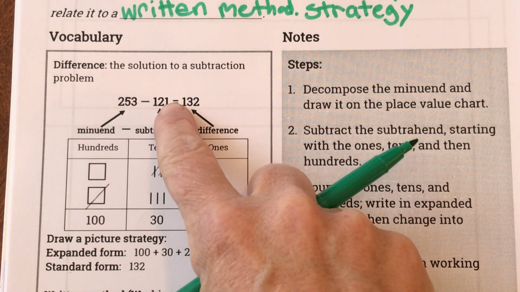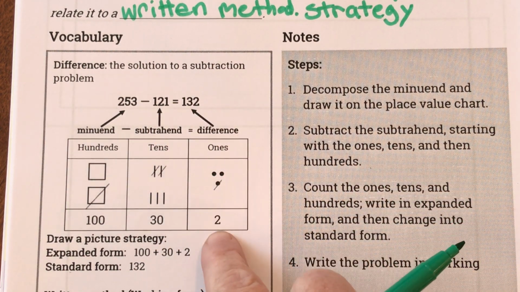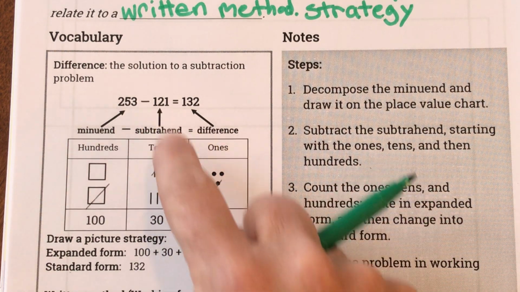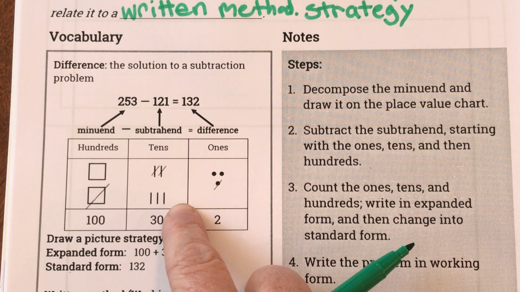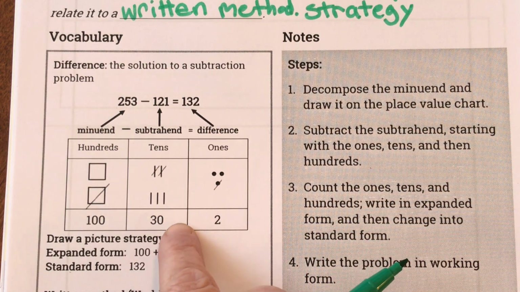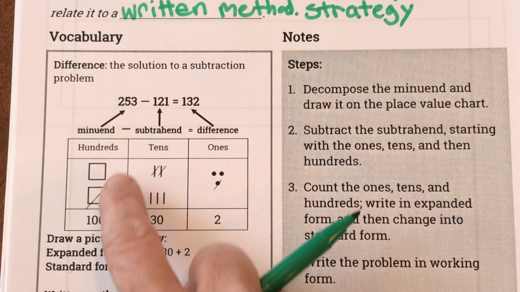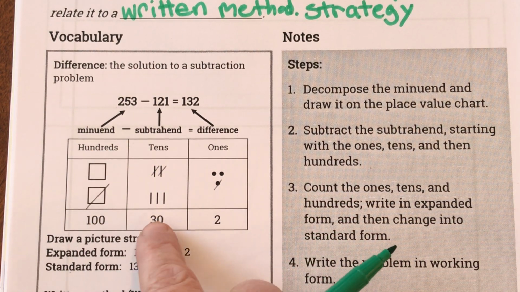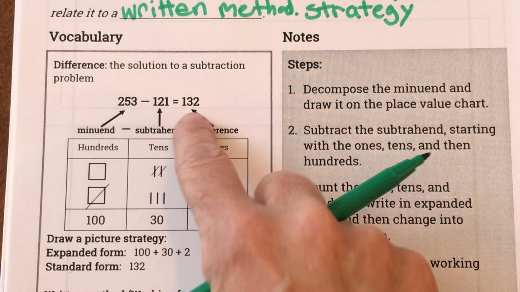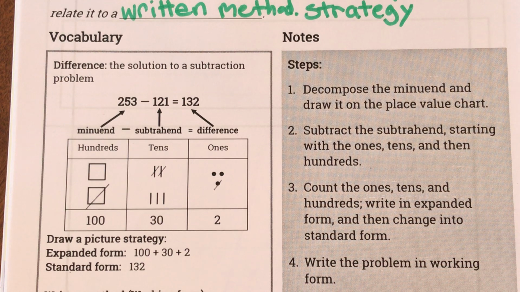So they subtracted 1, and that left them with only 2. They subtracted 2 tens, 1, 2, and then they left them with 1, 2, 3 tens, which is 30. And then they subtracted one of the hundreds away right here, which left them with only 100. So they had 132 as their difference. So this is them showing you a great example, okay?